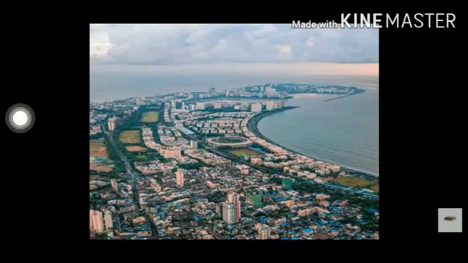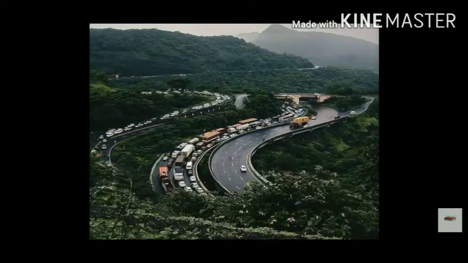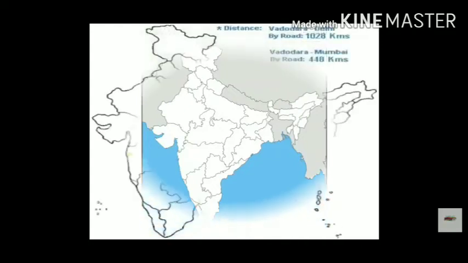Scale. As you all know, maps are a much smaller representation of the actual size of an area on the ground. The scale on a map represents the relationship between the distance on the map and those on the ground. This means that distance on the map is always proportionate to the distance on the ground. Maps are generally made in such a way that they fit on the paper or the screen.